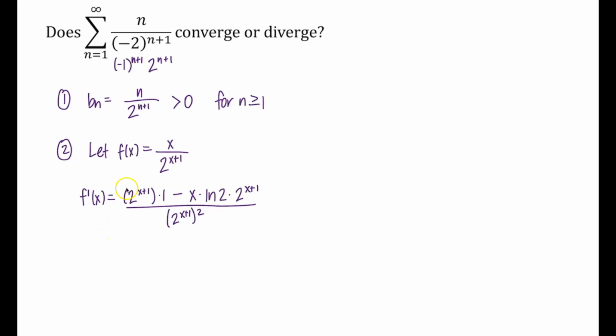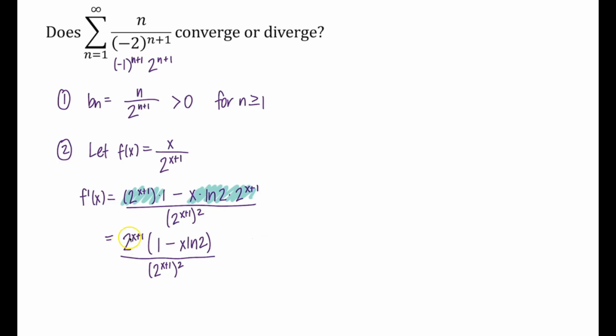Now here, I'm going to want to factor out the 2 to the x plus 1 that's in both terms. There are two terms in the numerator, and they both have a 2 to the x plus 1 in common. So 2 to the x plus 1, and what's left over is the quantity 1 minus x natural log 2, over 2 to the x plus 1 all squared.